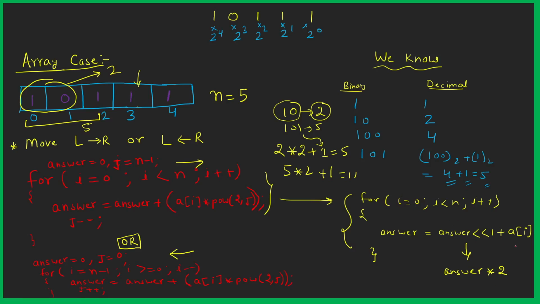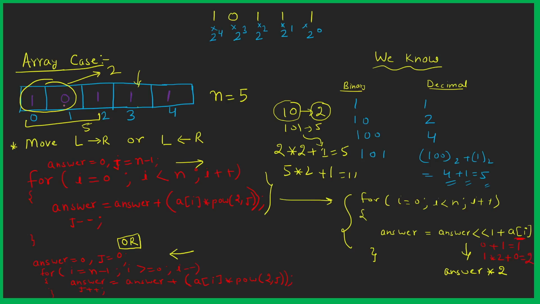So here for i equal to 0, this 1 will be present, and what we are doing is, we say answer is initially 0, 0 into 2, that means 0, and 0 plus 1, that means 1. Now we come to this 0, and we say the previous answer was 1, 1 multiplied with 2 plus the current a_i, and the current a_i is 0, that means 2 1 are 2 plus 0, 2.